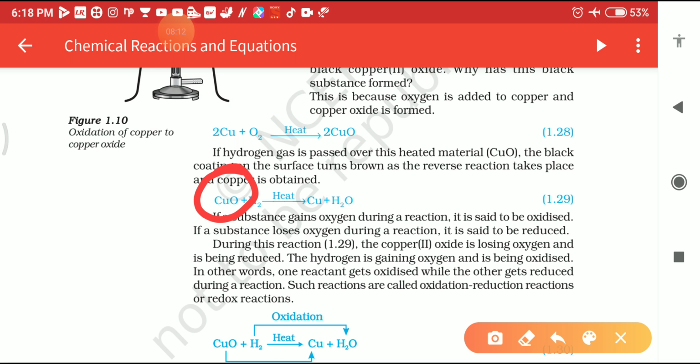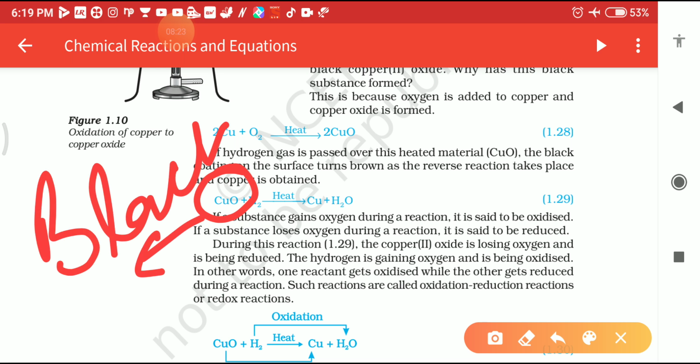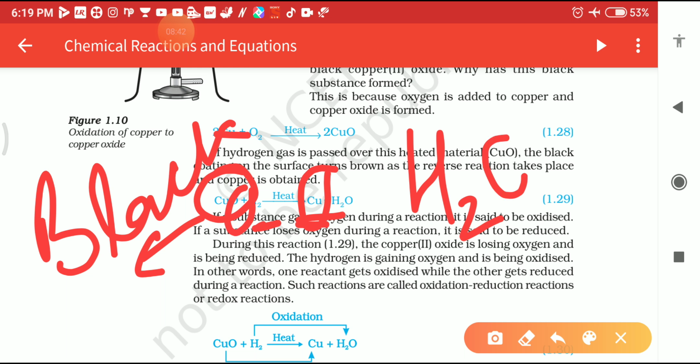But when hydrogen gas is passed over it, this copper oxide, which is black in color, changes again into brown color and comes back to the original form, copper. And this hydrogen, H2, comes in contact with oxygen and makes water.